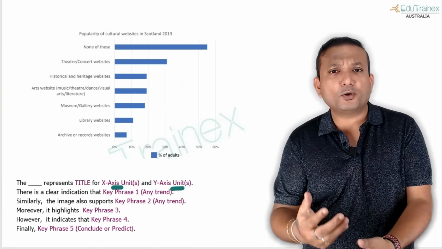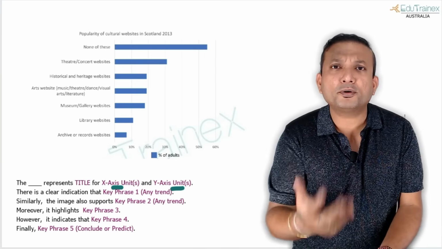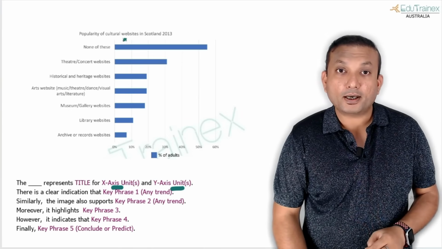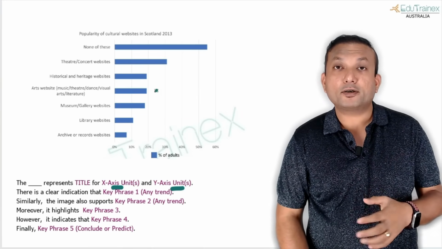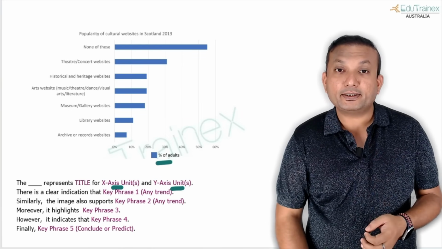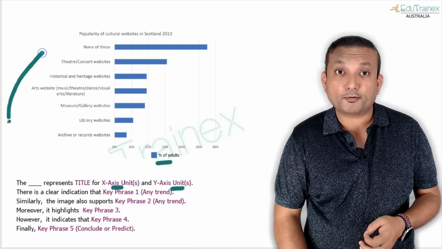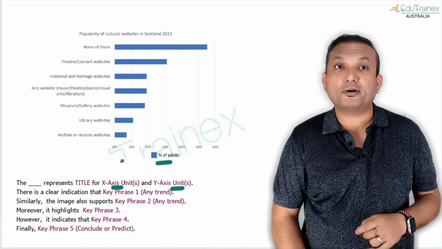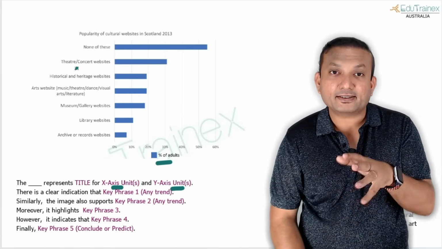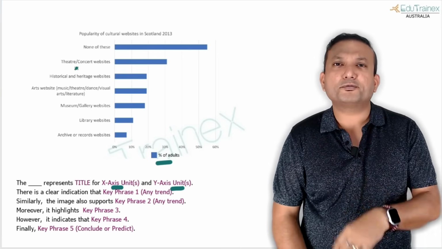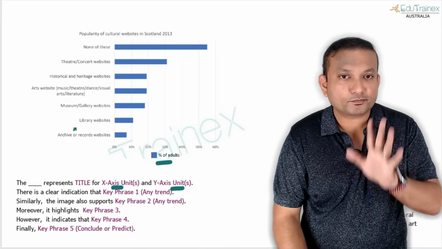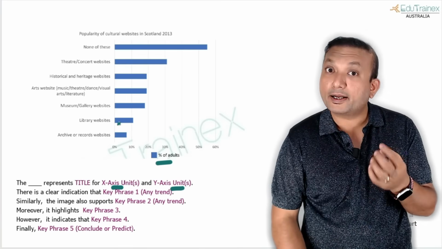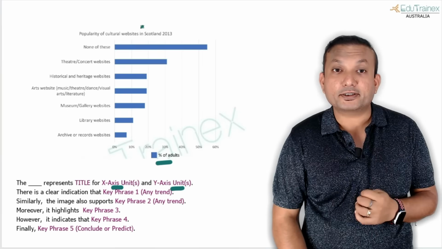If it is already a longer phrase, you don't necessarily need to, but if you want to add, I can say the bar graph represents the popularity of cultural websites in Scotland for year 2013 in terms of percentage of adults for various different categories, because there is no name given for the y-axis. What are these? I can just say various types of things or various categories of things just to improve it. So perfect introduction, right? Very long one, and I covered everything that was discussed here.